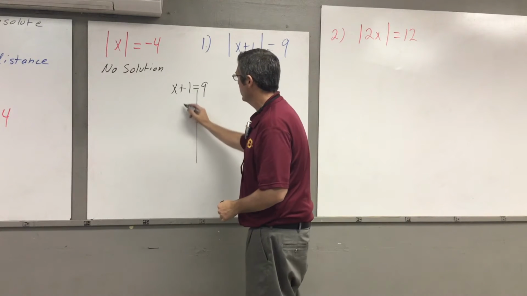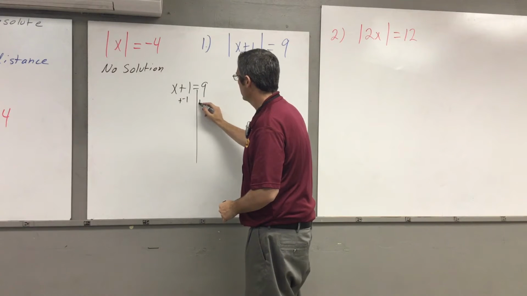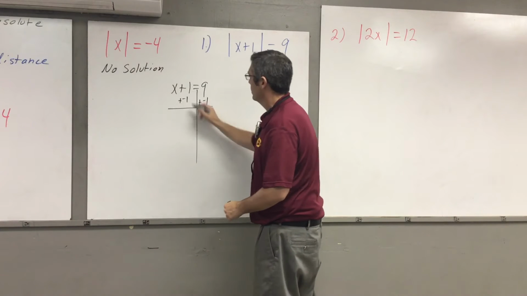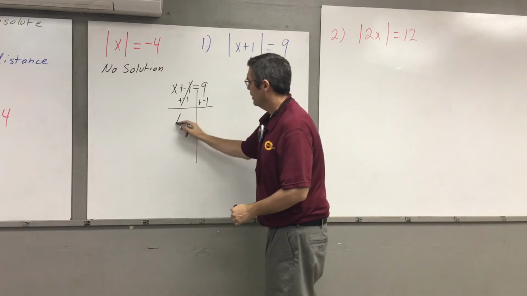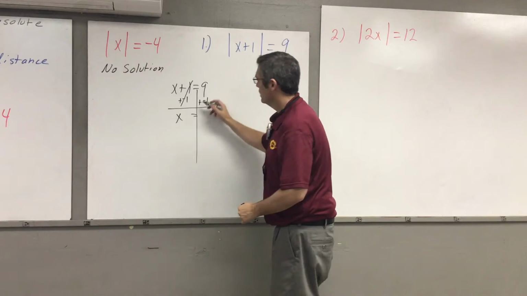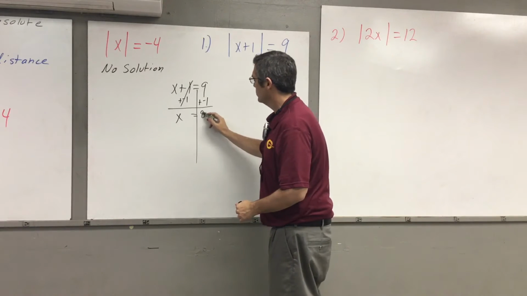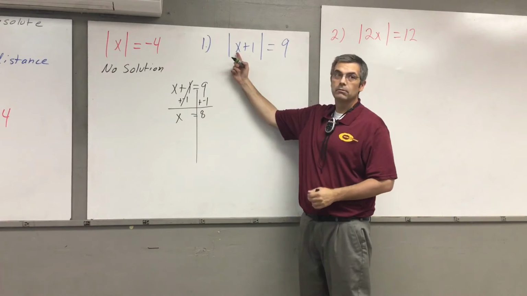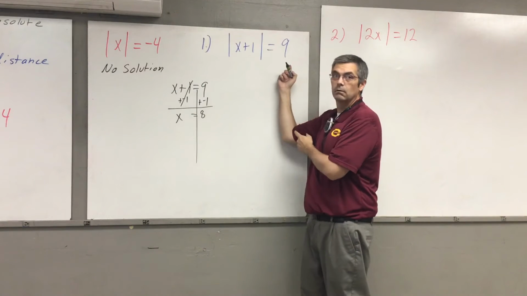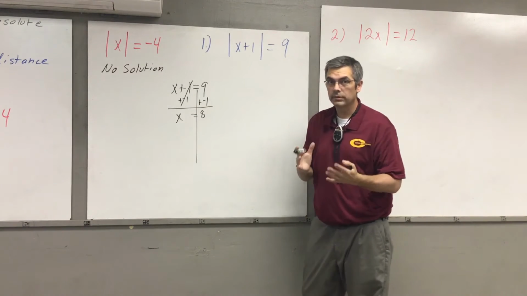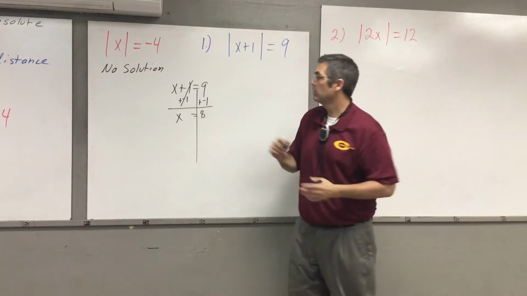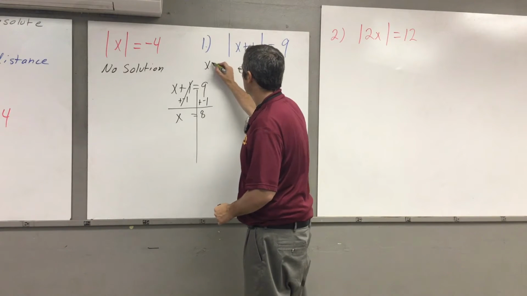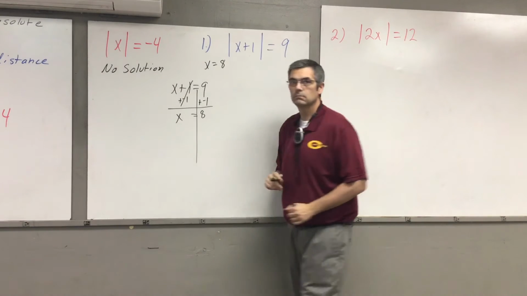Draw our lines, add the inverse. That cancels out. x equals 9 plus negative 1 gets you 8. So if I put 8 back into here, 8 plus 1 gets us 9. And we're good with that. So one of our answers we know for sure is x equals 8.